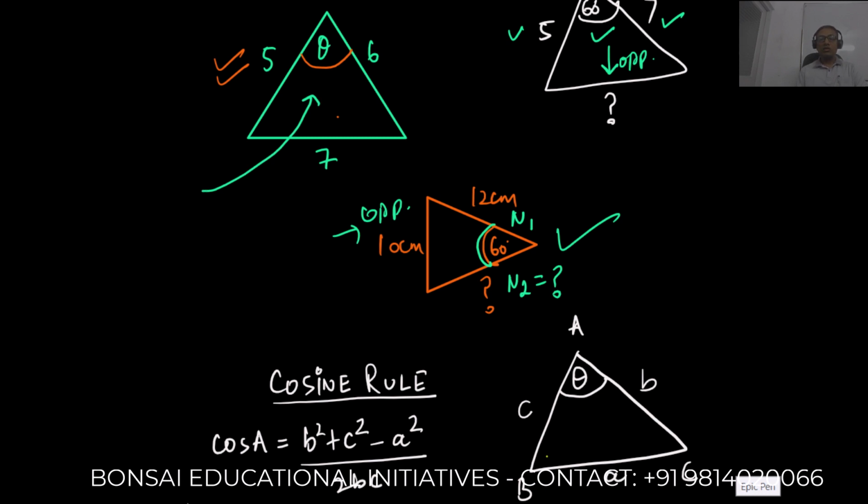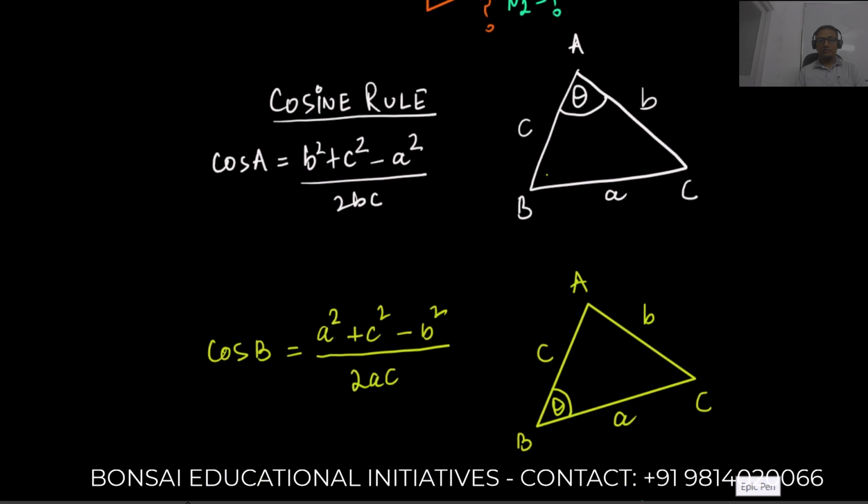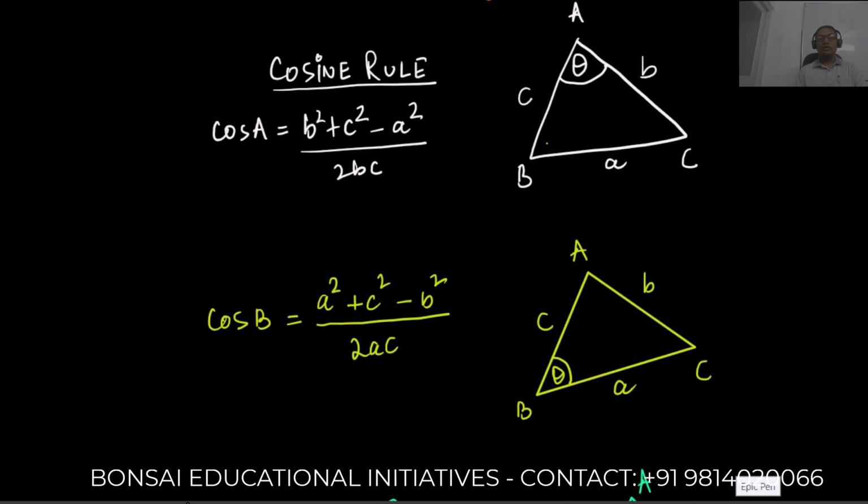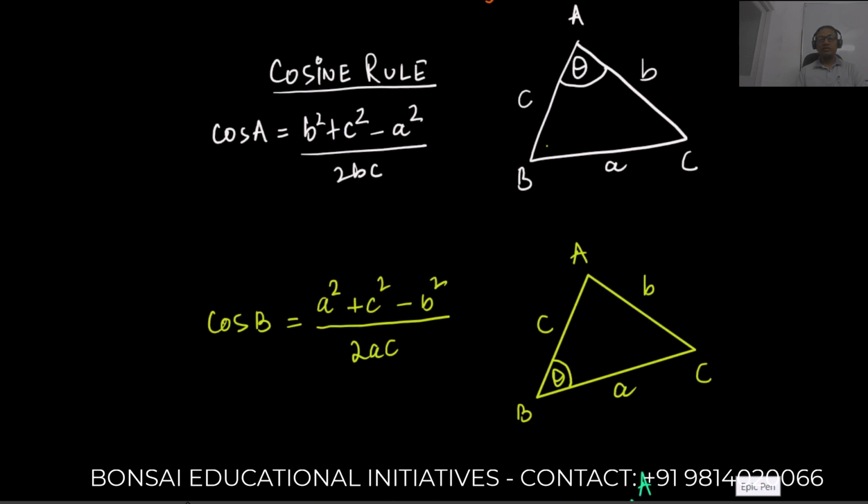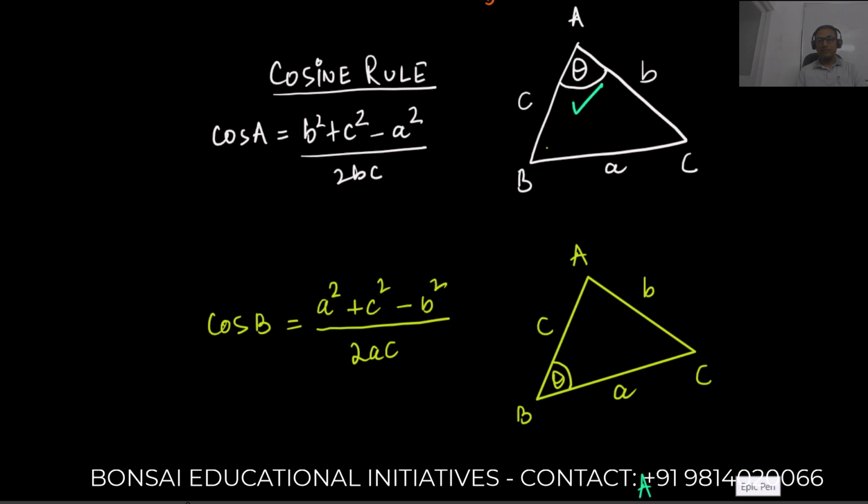So now understand what the cosine rule is. The cosine rule says, for example, we are given this angle, whatever the letter is. Given, in the sense that we are given it or this angle has to be found. So in the problem, this angle had been mentioned. For this angle, this is the neighbor side number 1, this is the neighbor side number 2, and this is the opposite side. So how do we do that?